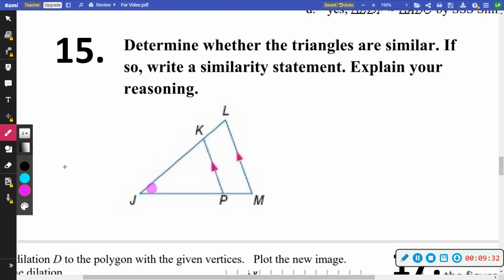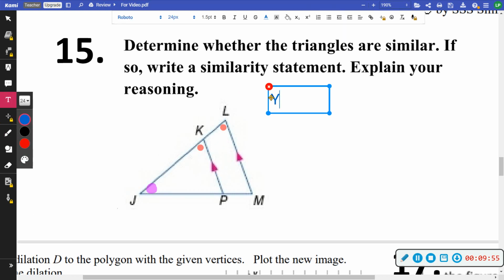And then I also could see that these are parallel. Two parallel lines cut by a transversal, so this angle is going to equal this angle because they're corresponding. When we have two parallel lines cut by a transversal, we know that if the lines are parallel, those angles are the same. So do I know that these are similar? I'd say yes, by AA.